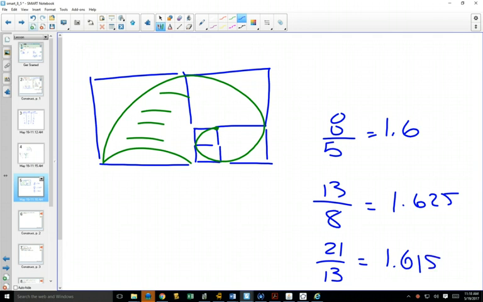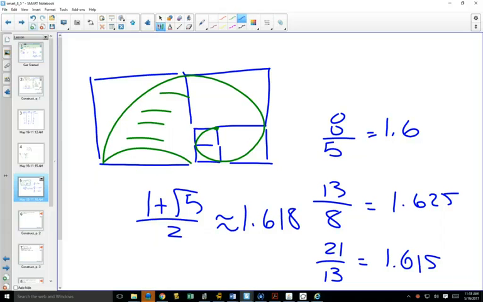And the number is going back and forth, and it's getting closer to a number. Let's try what that equals: 1 plus the square root of 5, divided by 2, 1.618. Which is called the golden ratio.